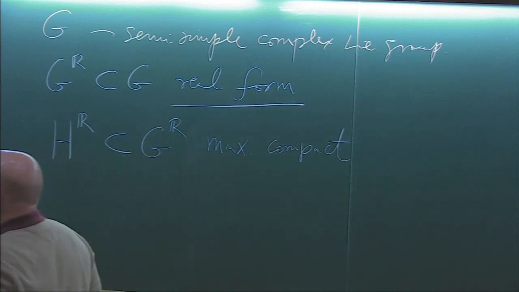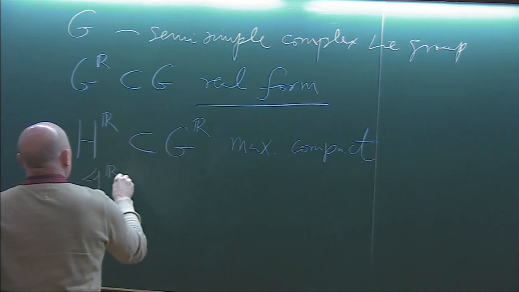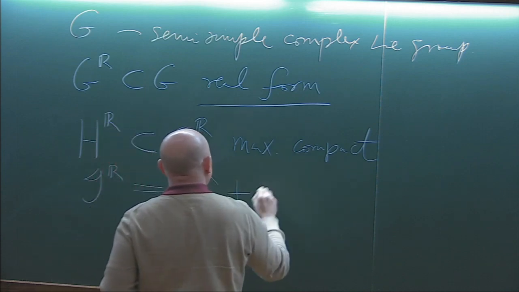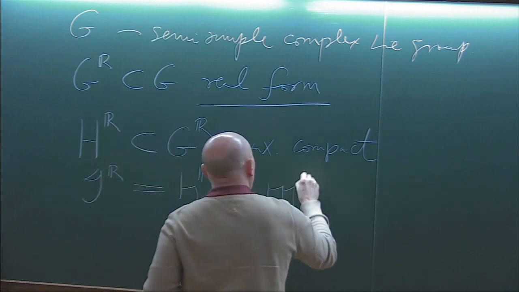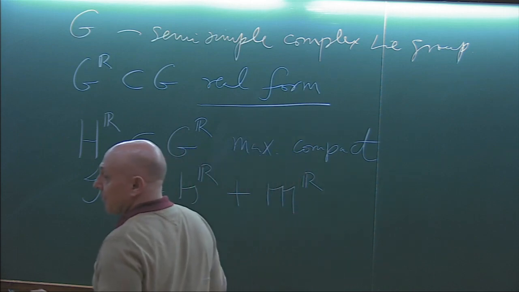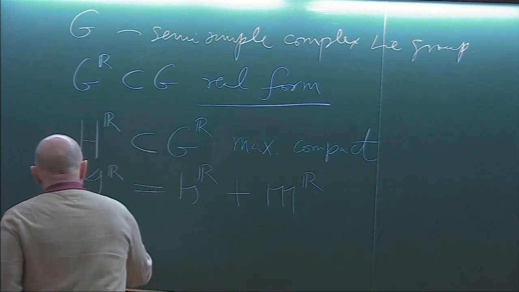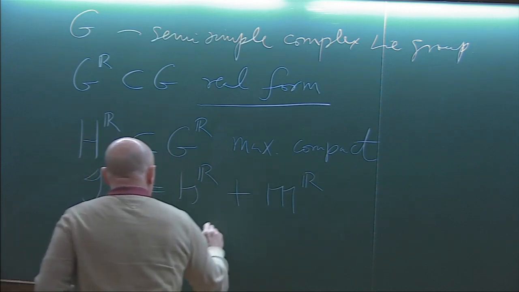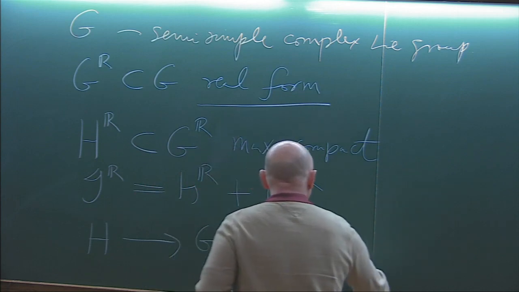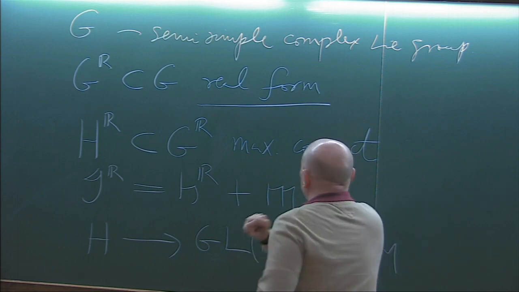And we have the Cartan decomposition: the Lie algebra of GR is the Lie algebra of HR plus the orthogonal part with respect to the Killing form, which we call MR. And then the other ingredient is the complexified isotropy representation, that is H in GL(M), the isotropy. So this is the package.